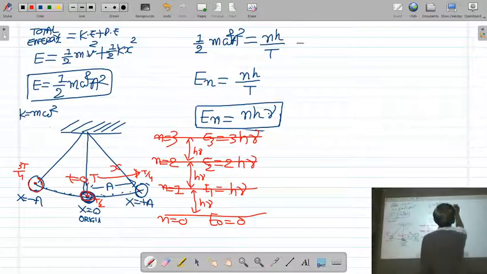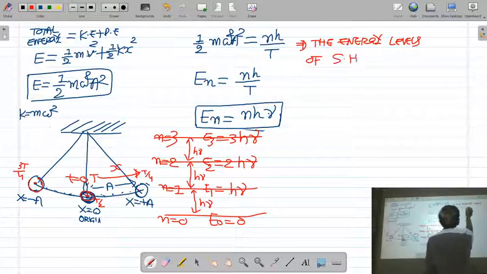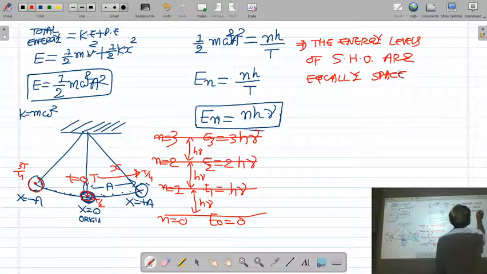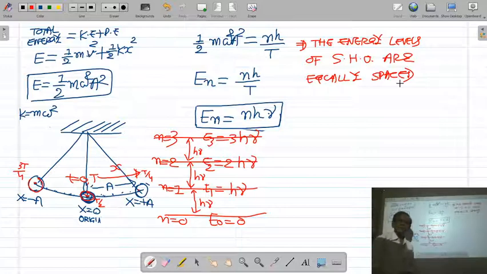The energy levels of the simple harmonic oscillator are equally spaced, just like a ladder.